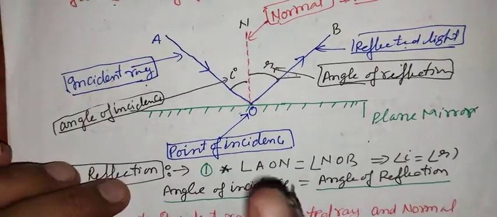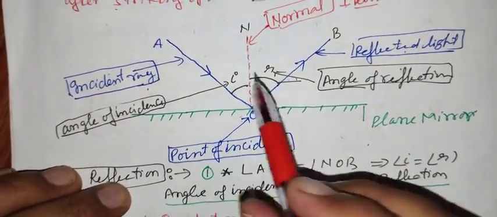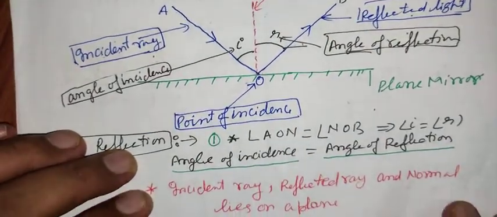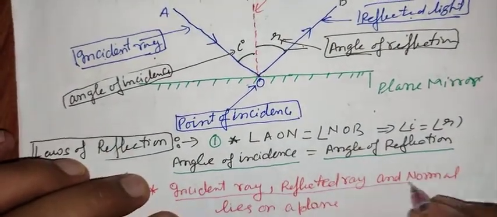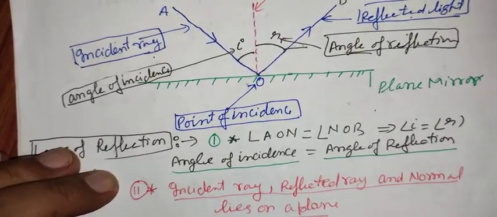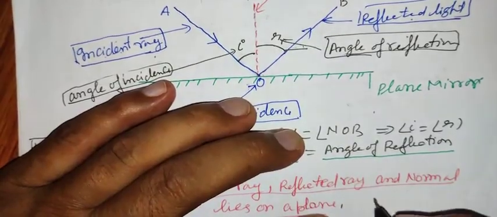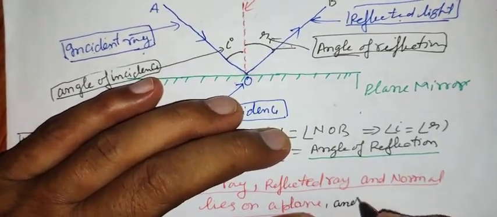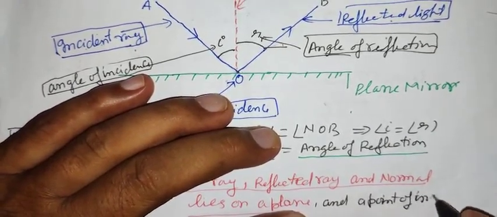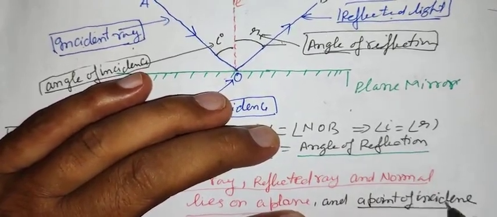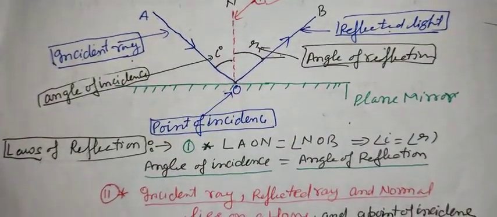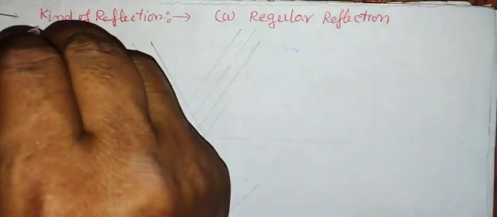The second law: the incident ray, normal and reflected ray lie on the same plane. This is the second law of reflection. We can include one more thing, the point of incidence. This is O. All three lie at the common point O.